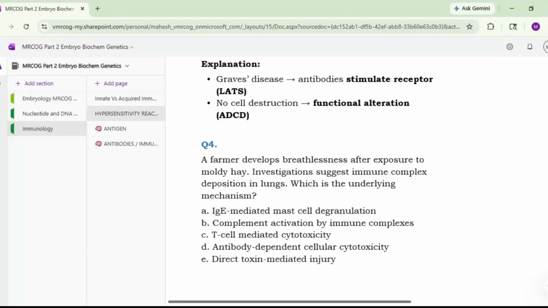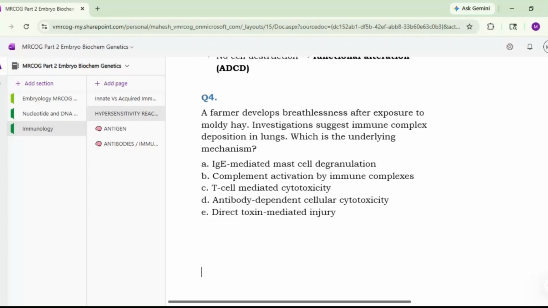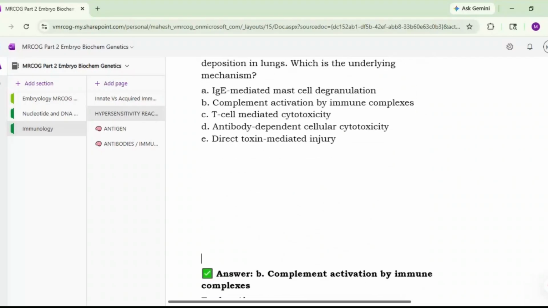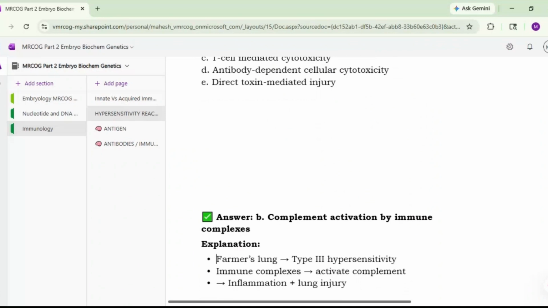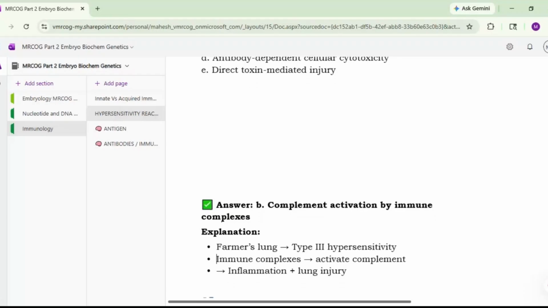So, option B, complement activation by immune complexes. Farmer's lung is a type 3 hypersensitivity. There are immune complexes that activate complement leading to inflammation and lung injury. It is a type 3 hypersensitivity.